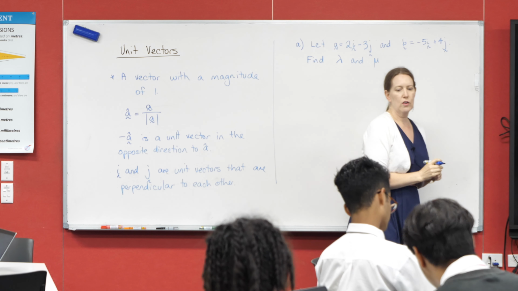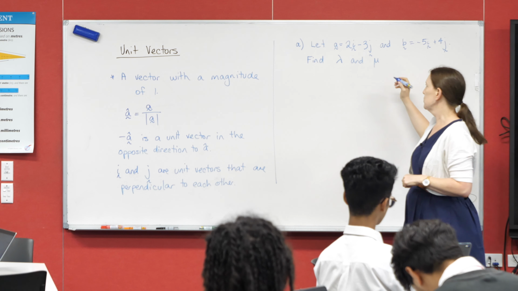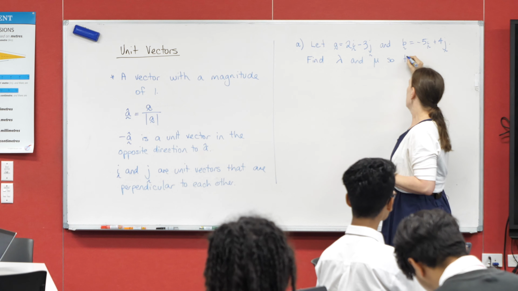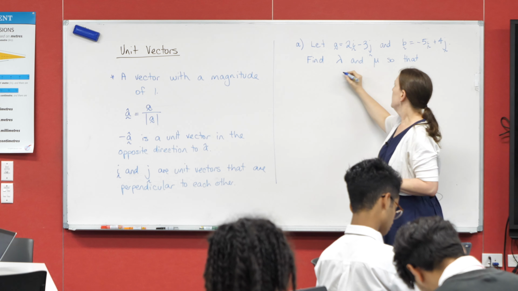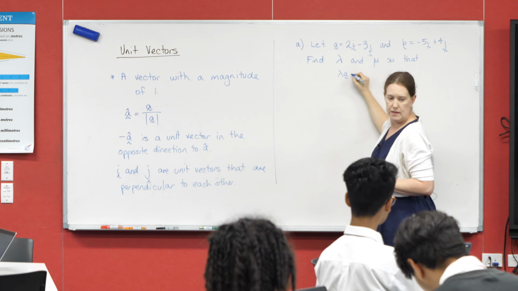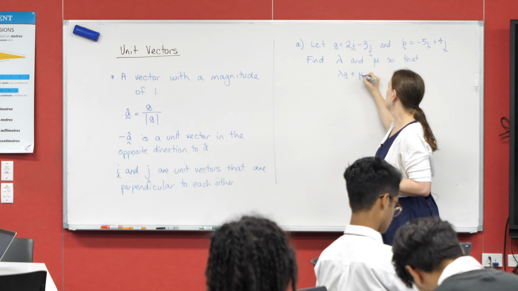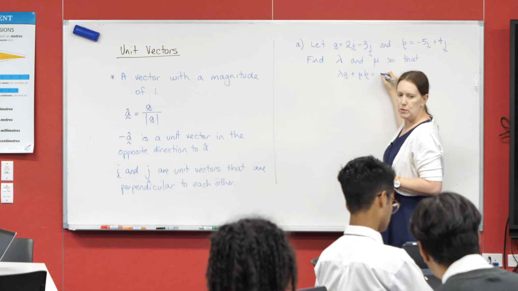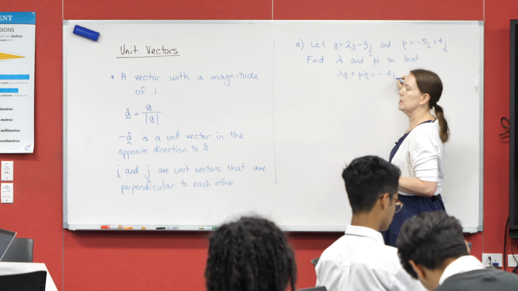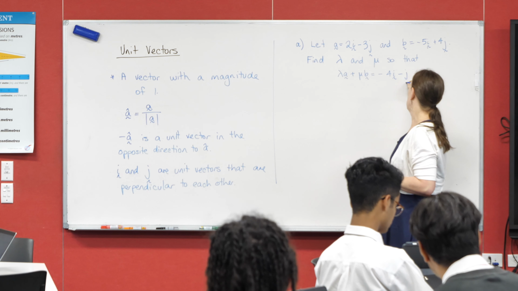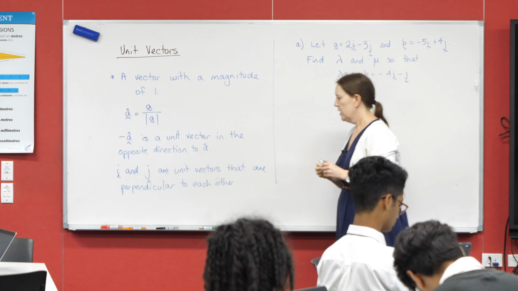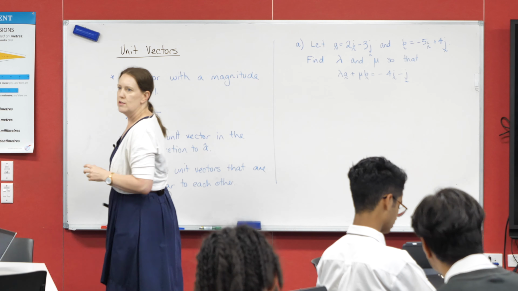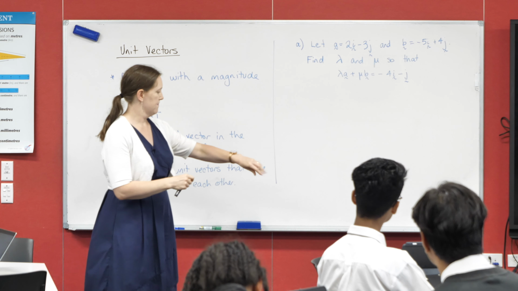We tend to use our Greek letters for those scalar multiples in vectors, so that lambda A plus mu B is equal to minus 4i's and minus 1j's. So that's our question. Suggestions on how to go.